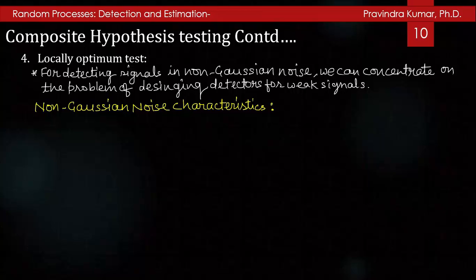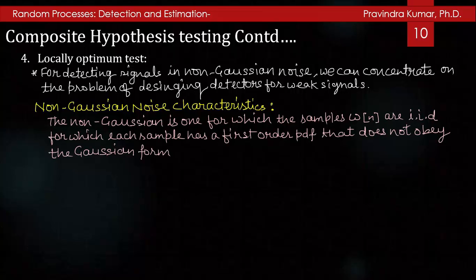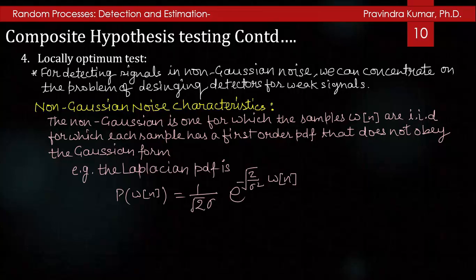The simplest type of non-Gaussian noise is one for which the samples w[n] are independent and identically distributed, for which each sample has a first order PDF that does not obey the Gaussian form. For example, it obeys the Laplacian PDF. So the PDF of the noise will be 1 by root 2 sigma e to the power minus root 2 by sigma times the magnitude of w[n], where sigma square is the variance of the noise power.